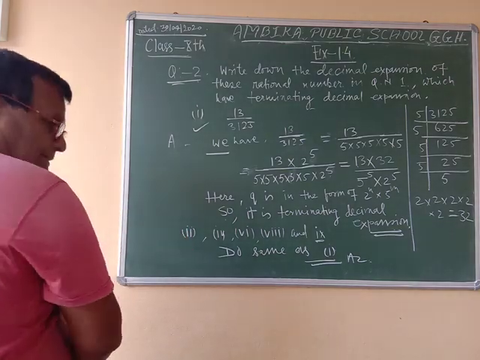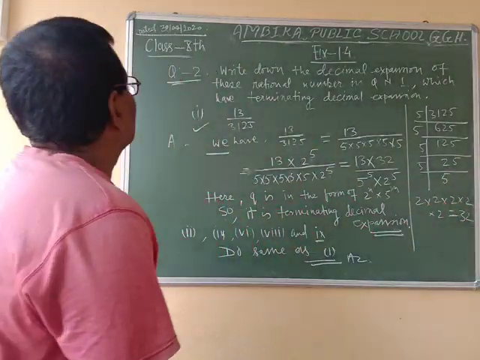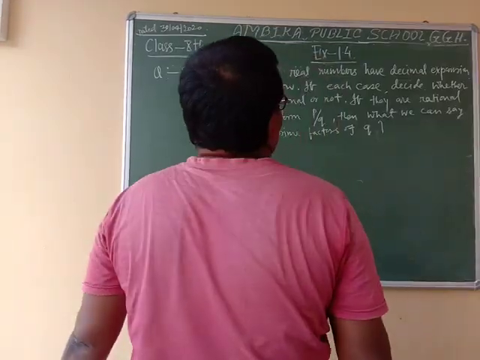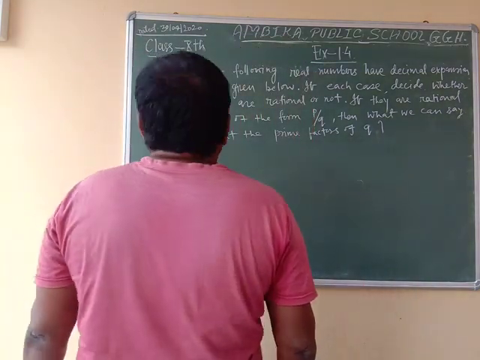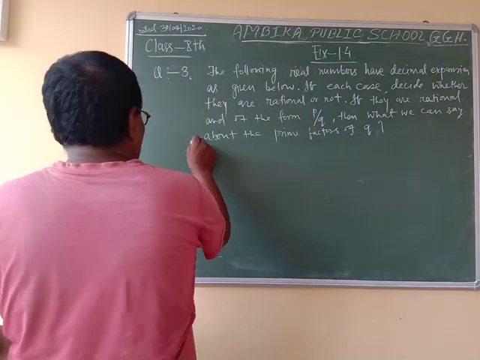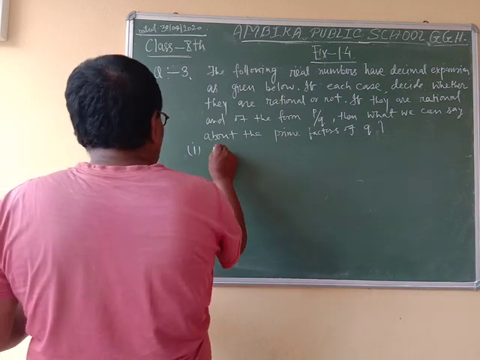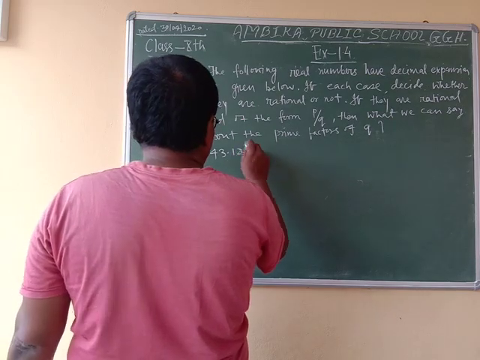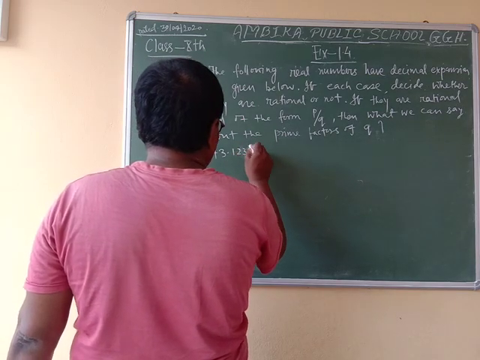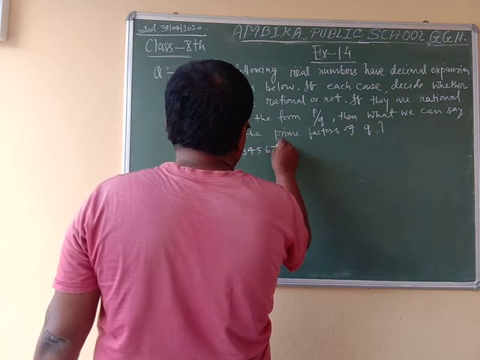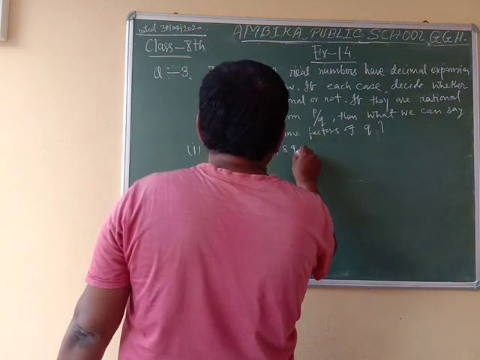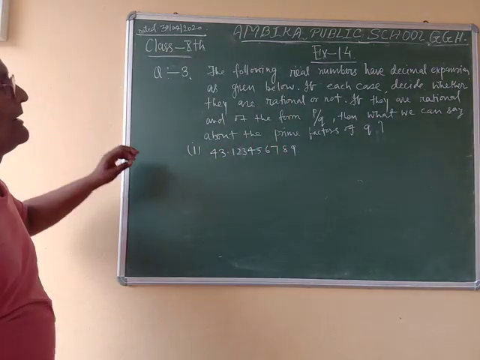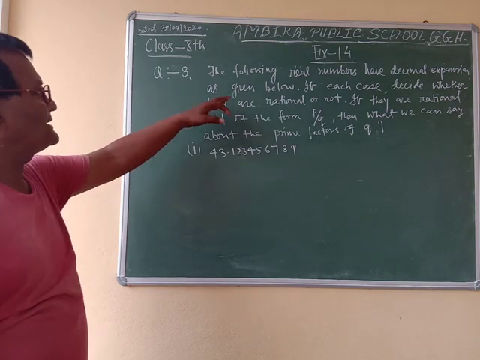Question number 3 is: the following real numbers have decimal expansions as given below, 43.123456789.